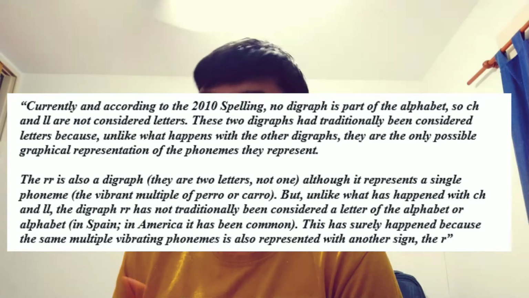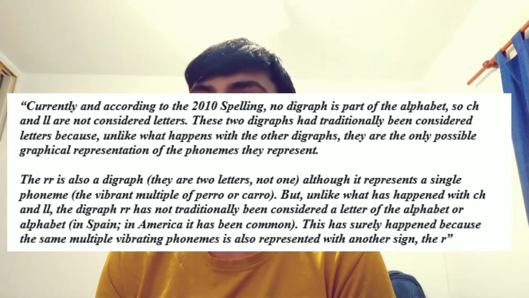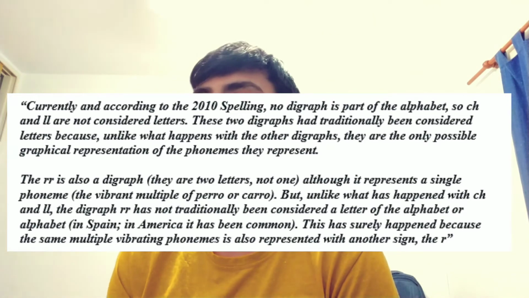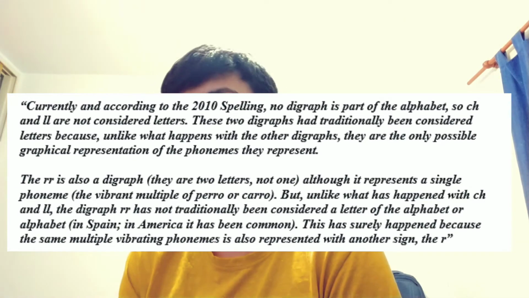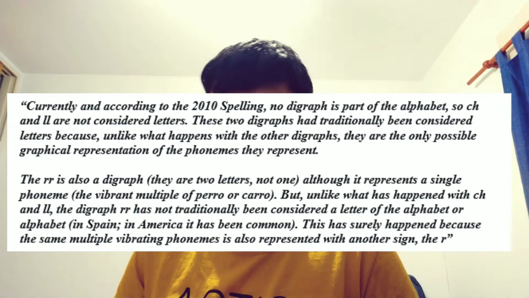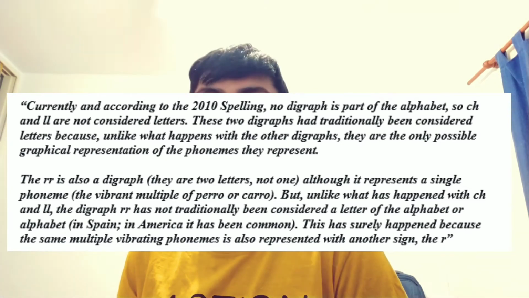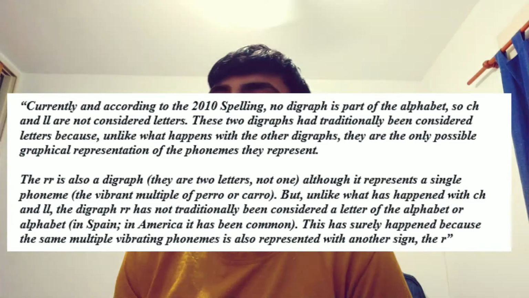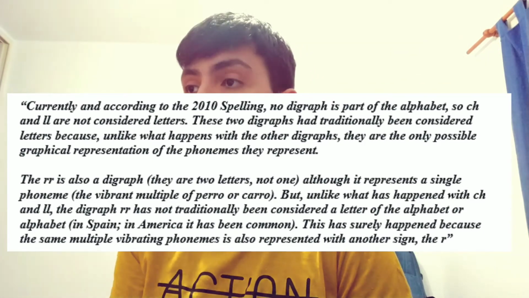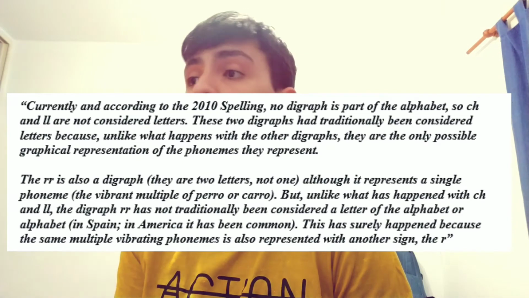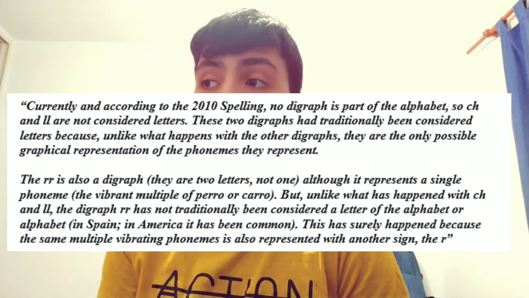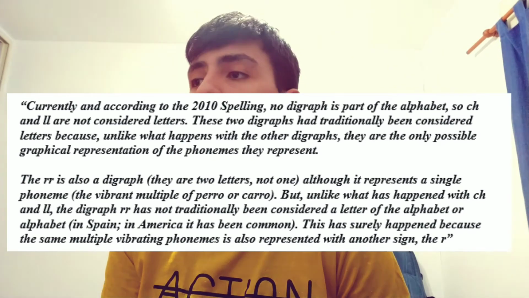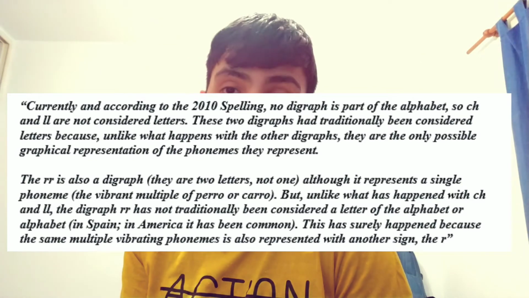So the rr is also a digraph. They are 2 letters, not one. Although it represents a single phoneme, the multiple vibrant, for example in perro or carro, unlike what has happened with ch and ll, the digraph rr has not traditionally been considered a letter of the Spanish alphabet.